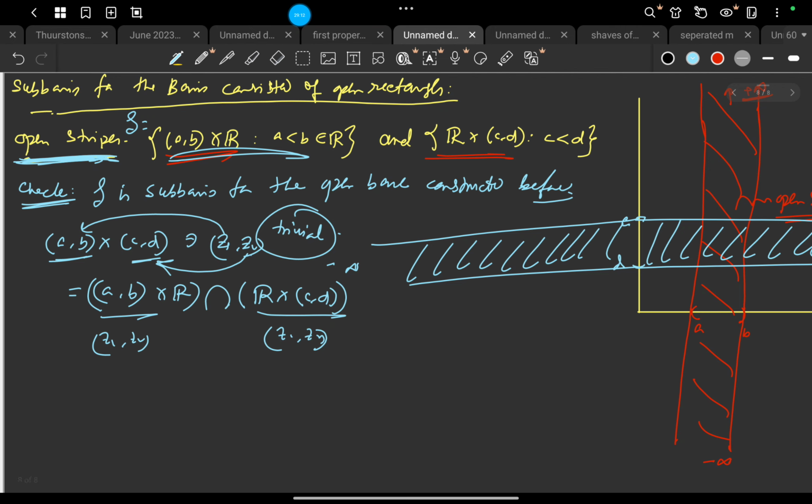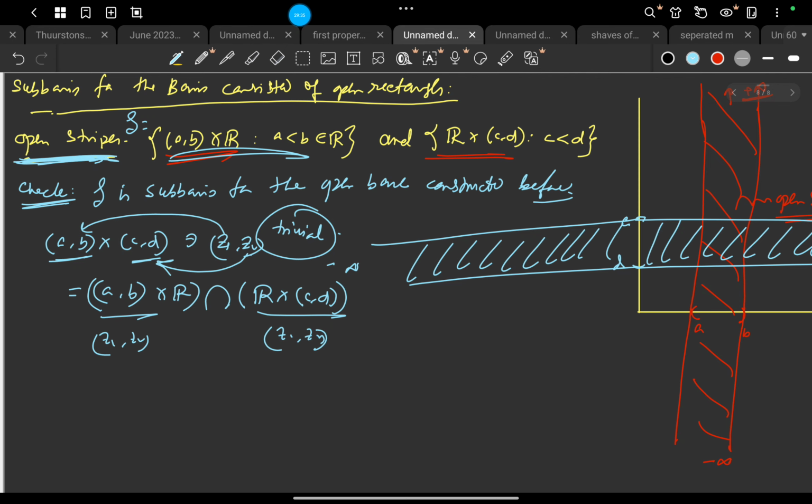From this subbasis, with all kinds of possible intersections, you can construct open rectangles like this. Then from these open rectangles you can construct the normal Euclidean topology tau E, and that topology can be considered as the product topology on R2, which is generated by the Euclidean topology on each R component.